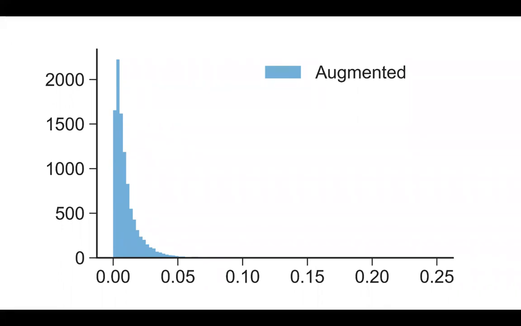I'm plotting cosine distance here. And you can see that for the most part, the cosine distance is very close to 0. What that basically means is that the learned representation doesn't really change when you augment the input image.